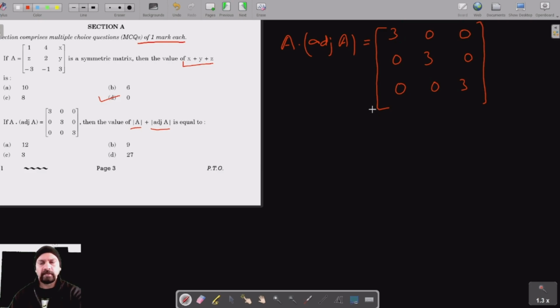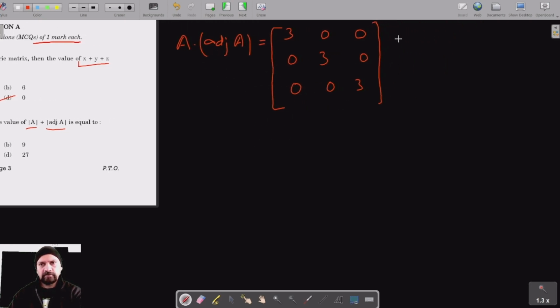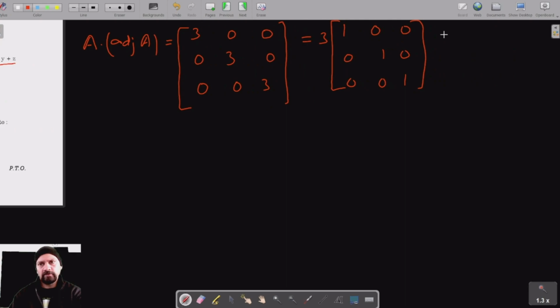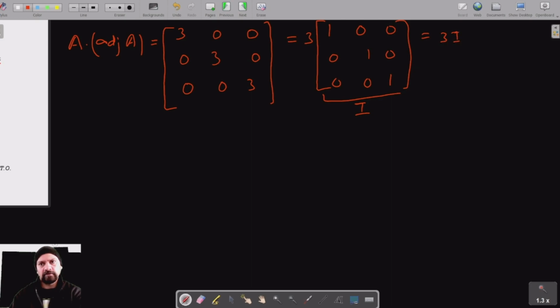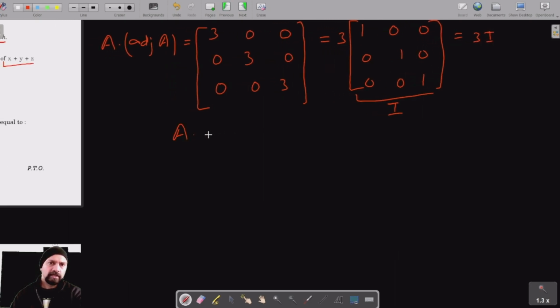If we take 3 common, this gives me 1, 0, 0, 0, 1, 0, 0, 0, 1. So A into adjoint A is 3 times the identity matrix of order 3, that is 3 into I.